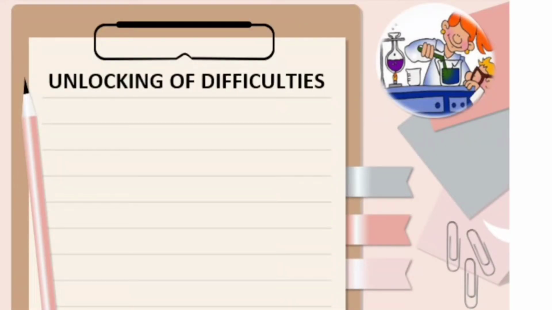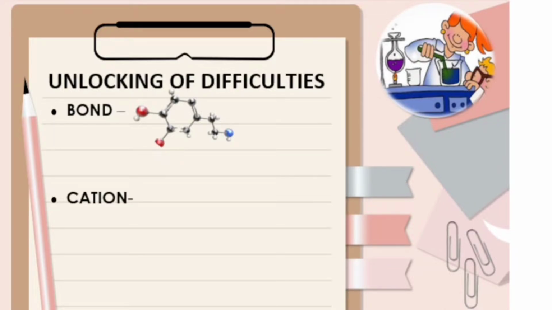Let's define first some words to remember as we go on with our lesson. Bond. It is a strong force between atoms that holds them together in molecules. Cation is a positively charged ion.